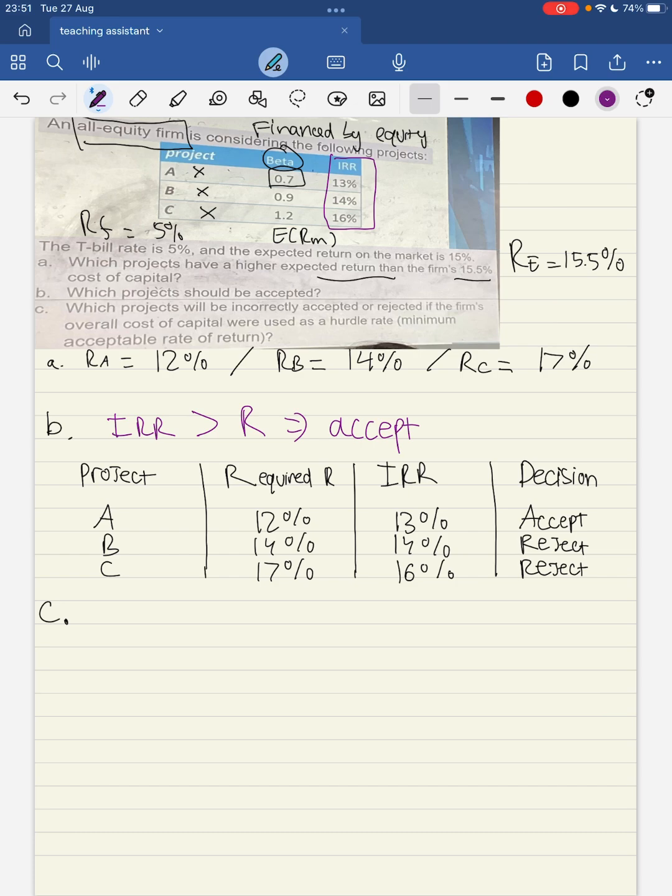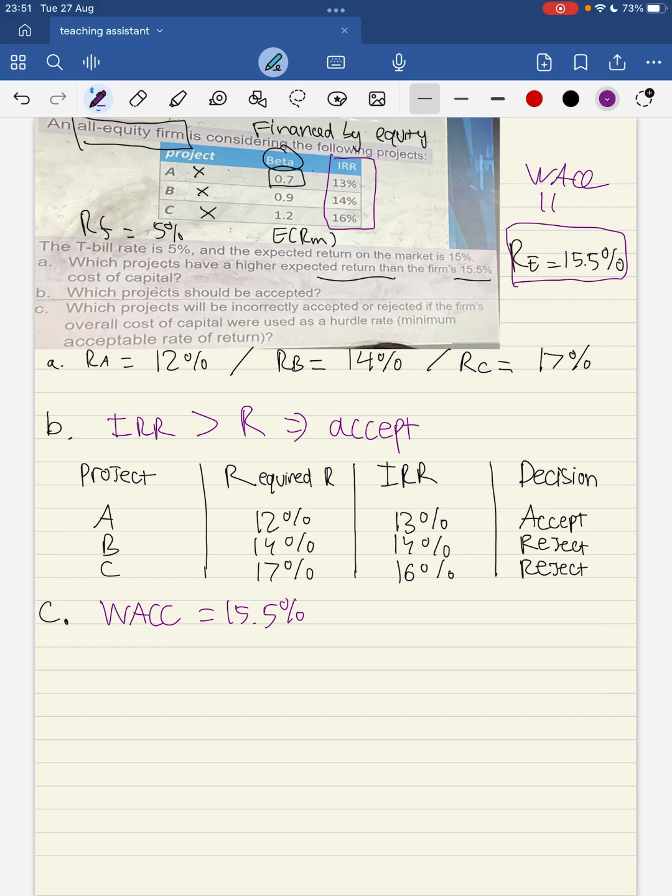So in any type of project, an investor, when they look at this company, will first look at the WACC of the company. It is the investment criteria. This is the minimum acceptable rate of return. And as I have explained, this company is an all-equity firm. So the RE, which is 15.5%, is equal to the WACC. So 15.5% will be the threshold.